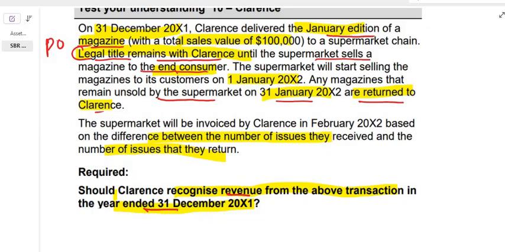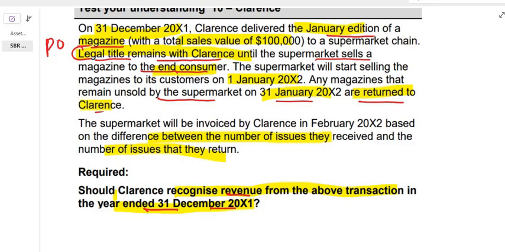So the conclusion will be that C retains the significant risk and does not have the right to receive payment until the magazines are sold. Control has not transferred to the supermarket on 31st December 2001. On this day, the control is not transferred.